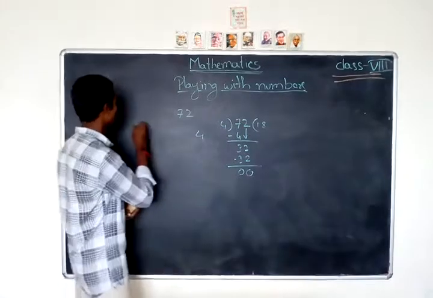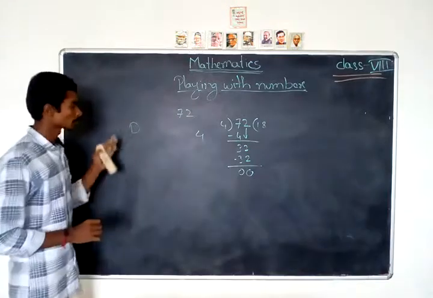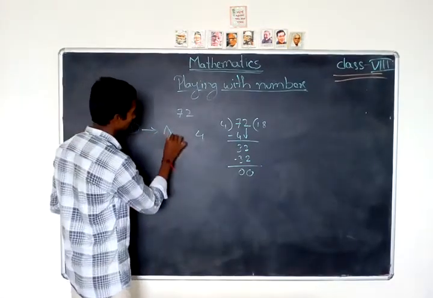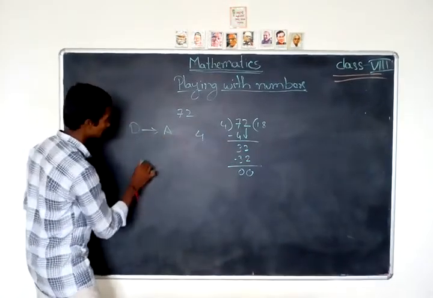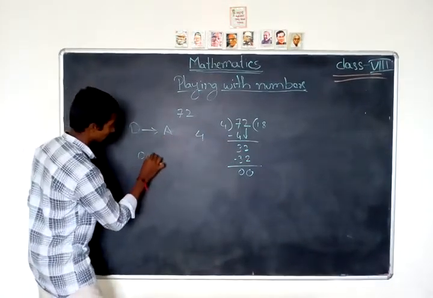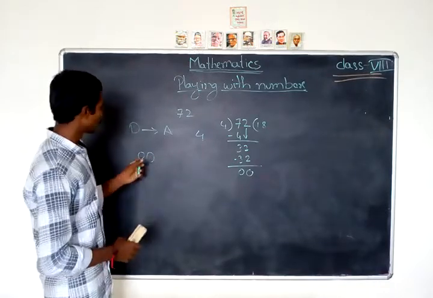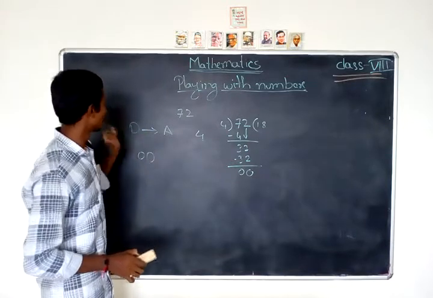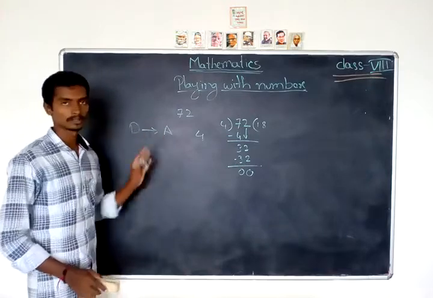That is, a number D is said to be divisible by A if when we divide D by A we get a remainder 0. And what if we don't get the remainder 0? Then we will say that this number is not divisible by this number.